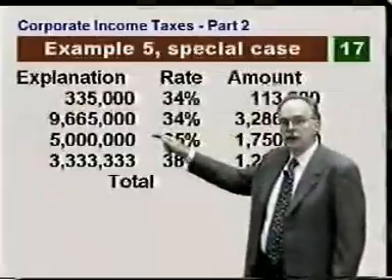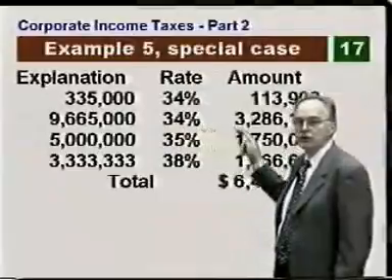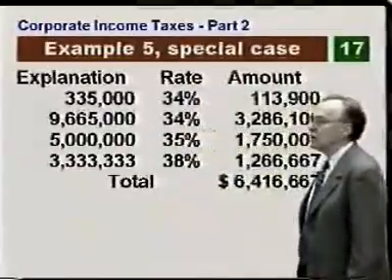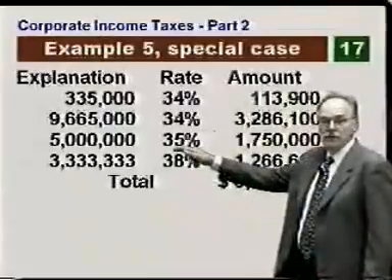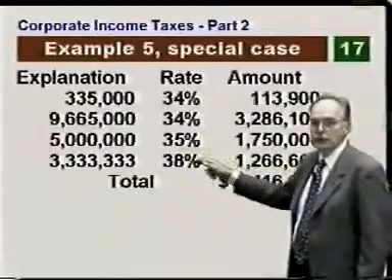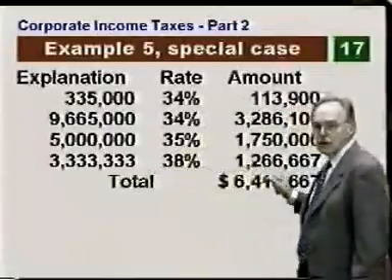The next bracket, $9,665,000, is taxed at 34%. For the $3,286,100 bracket from 10 to 15 million, taxed at 35%, and then from 15 to 18 1/3 million, that's taxed at 38%.